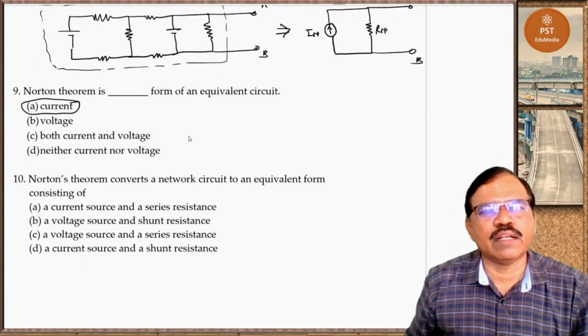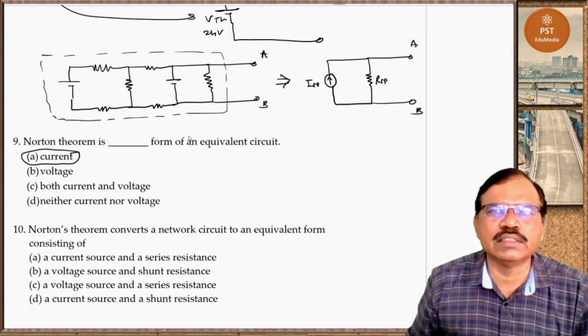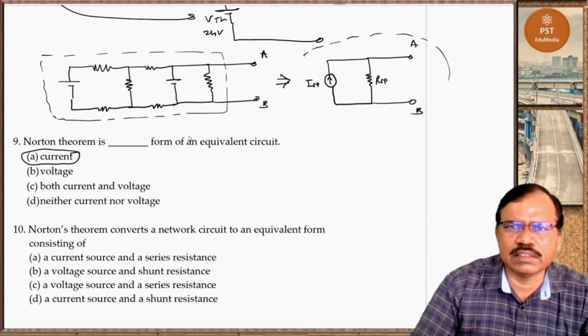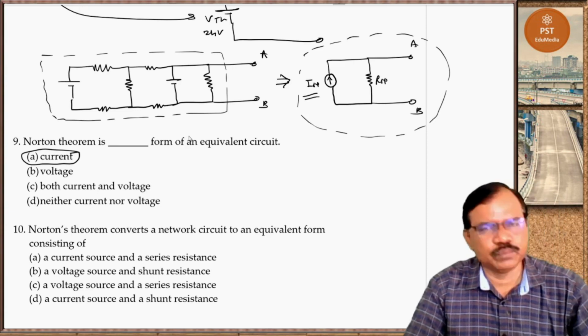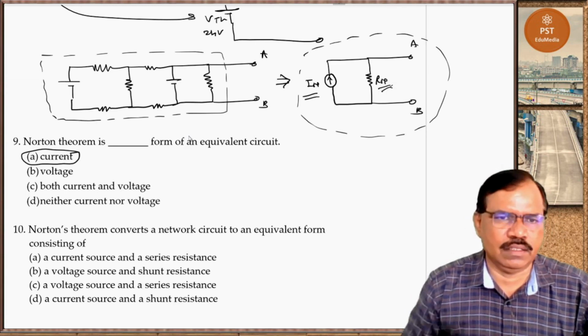Now Norton's theorem converts a network circuit to an equivalent form consisting of... So if we see here, this is Norton's equivalent circuit. Here the current source and resistance are in parallel.